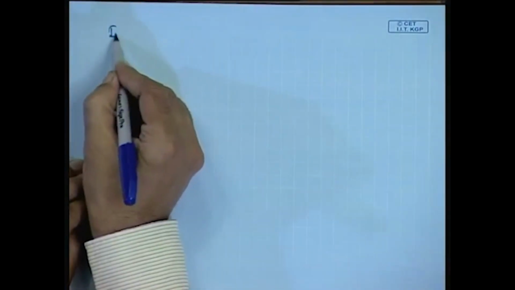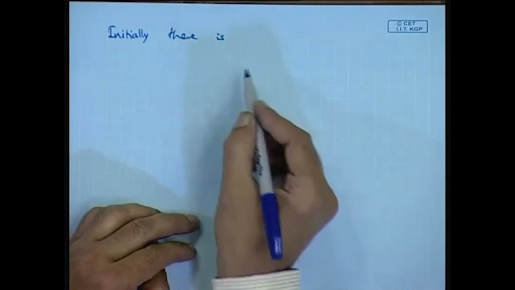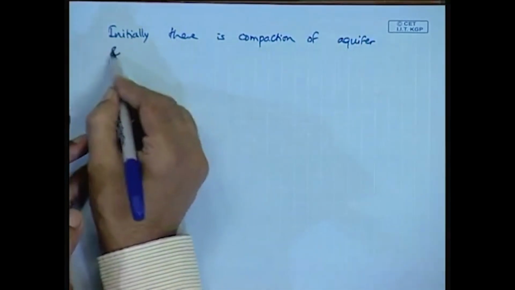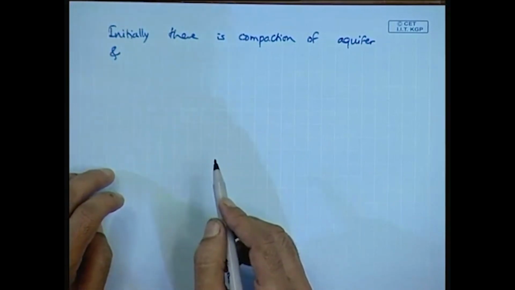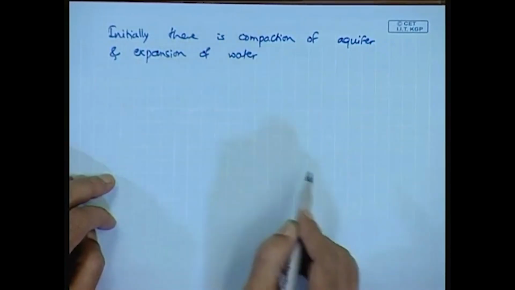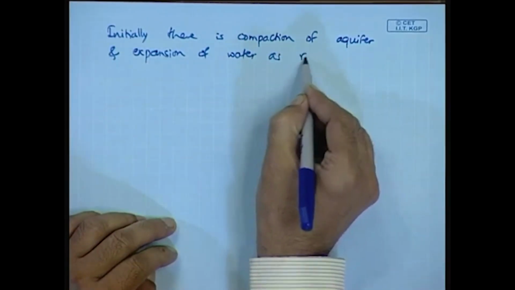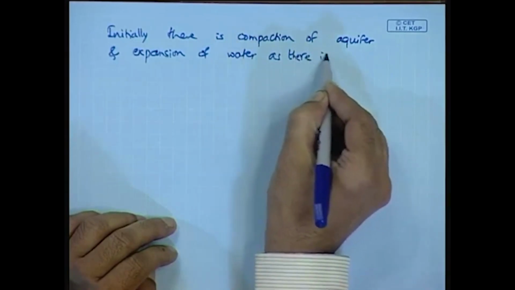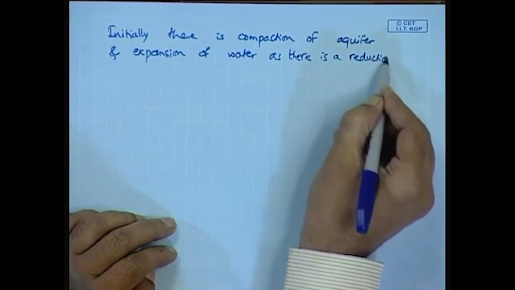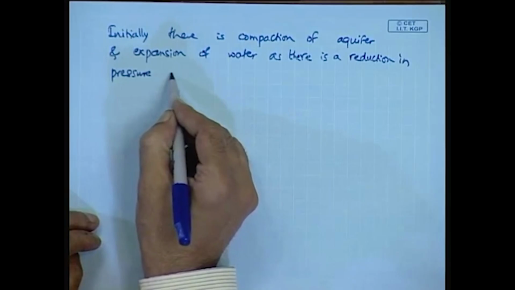So, initially there is a compaction of the aquifer and expansion of water, as there is a reduction in pressure due to pumping.